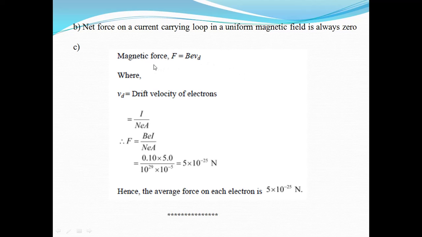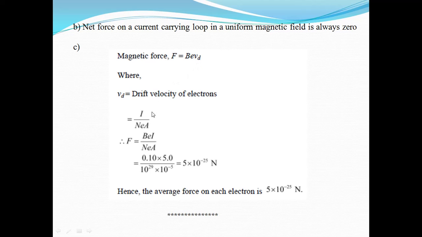So we have the magnetic force. There will be a force. Electron is a charged particle and it is moving in a magnetic field B. So the magnetic force or Lorentz force acting on each electron is given by B into e into vd. e is the charge of the electron and vd is the drift velocity of the electron.